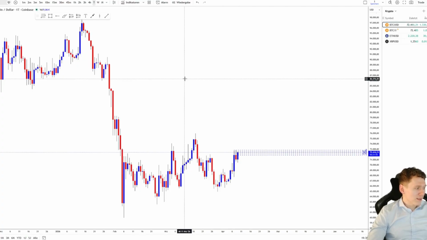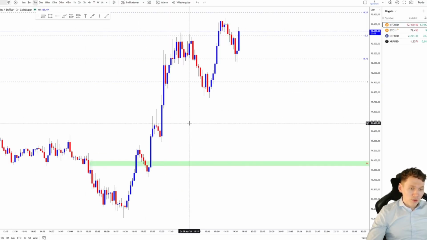People trade crypto with the ICT system because other people who also trade the ICT system say it's possible. It's possible, but it's just not that high probability. So you should be very careful if you use the same principles you have in gold, indices or forex for crypto, because crypto liquidity is more retail based. That's why you can't rely on it with a high probability.